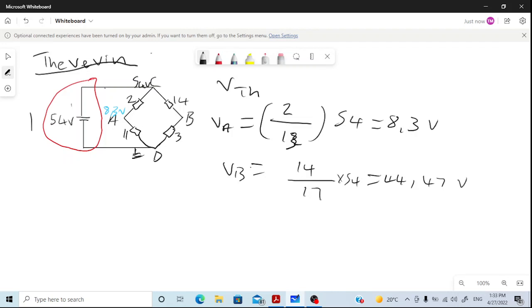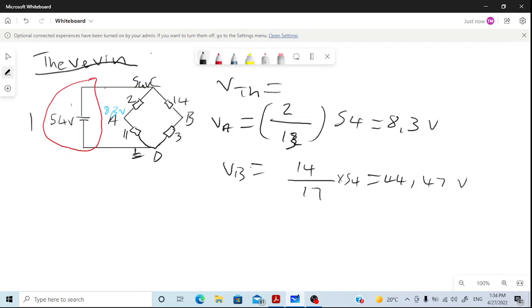Okay, now I want to get the resistance that passes through this point. Remember, here we have our load resistance, and the voltage across that load resistance is our Thevenin voltage.